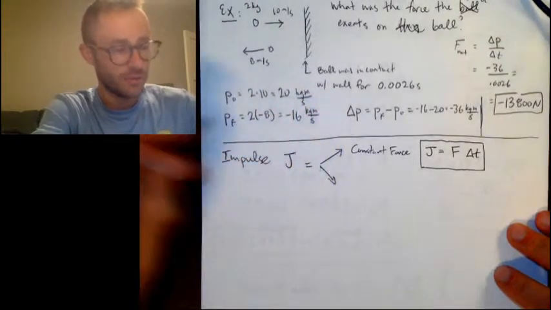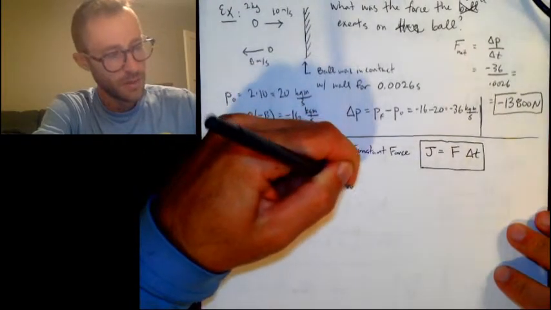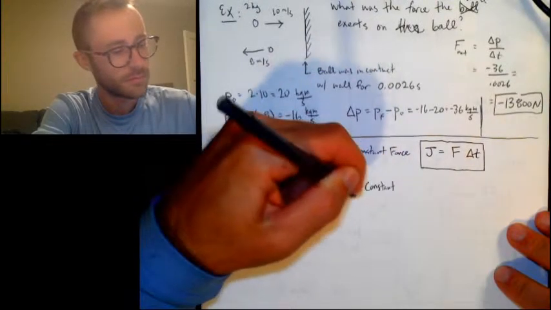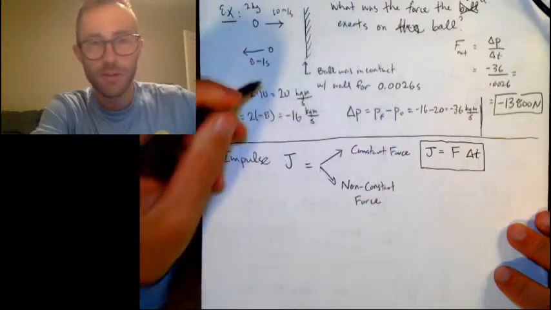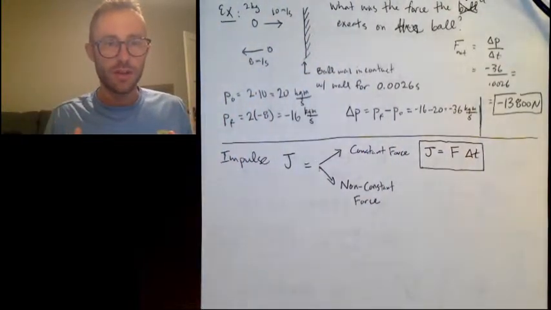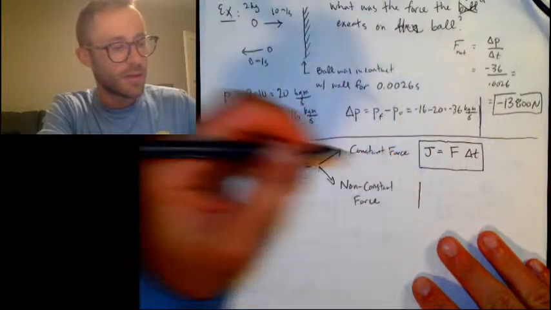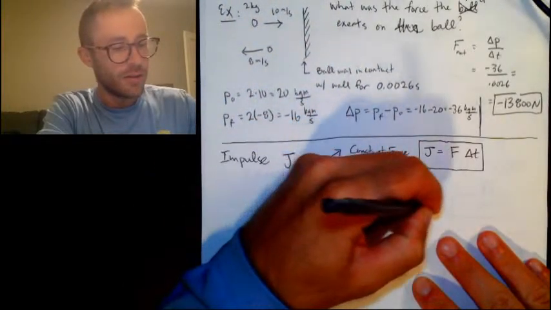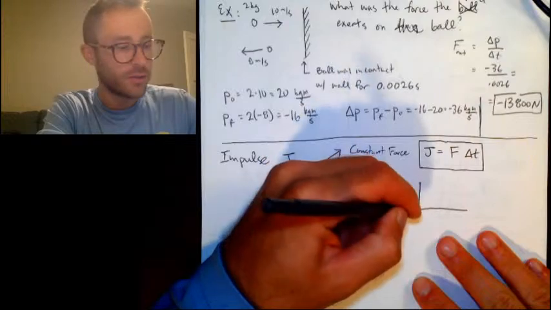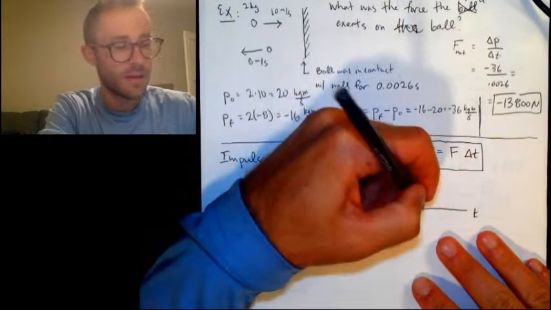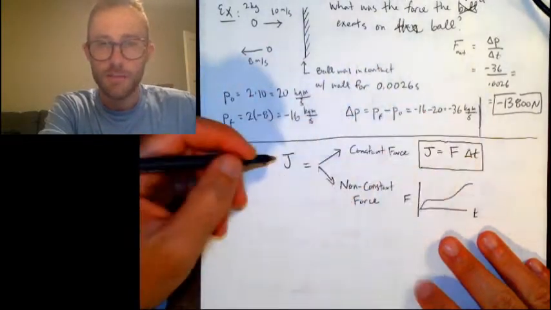The second way is if you have a non-constant force. And if you have a non-constant force, then you have to say, well, gee, how is this force not constant? Okay. And so to say how the force is not constant, you have a force versus time graph. It looks like this. Okay.